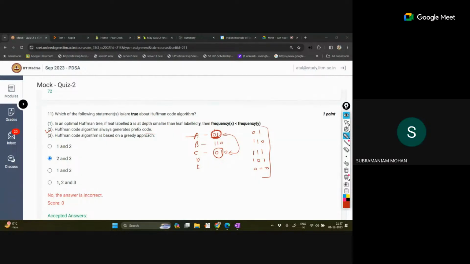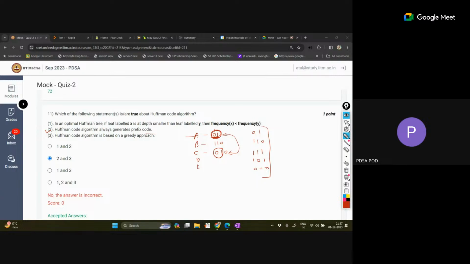If that is the case, then option 2 is not right, no? No, actually the definition is different here. If we say the Huffman algorithm always generates the prefix code, it means that any code cannot be a prefix of another code. Some confusion is there in this statement, but the meaning is what I just explained.